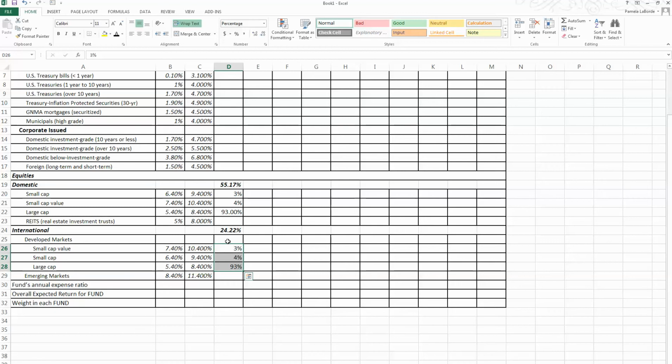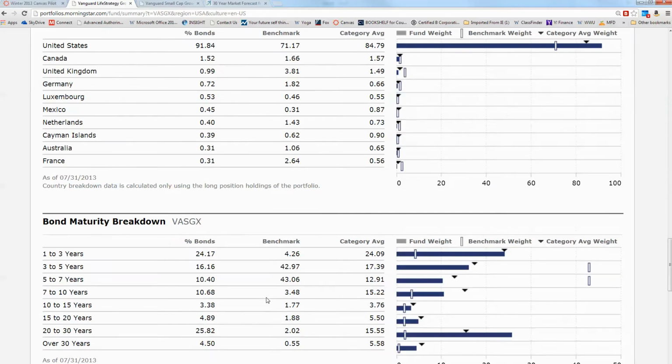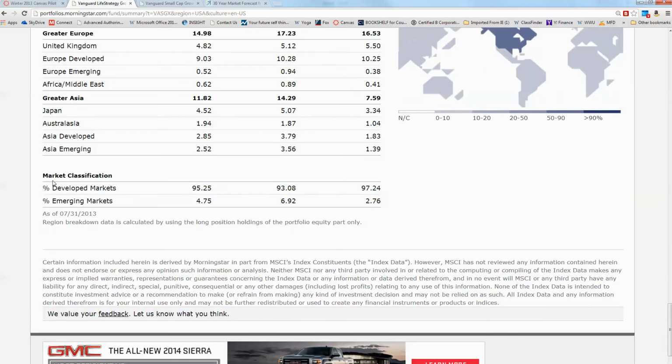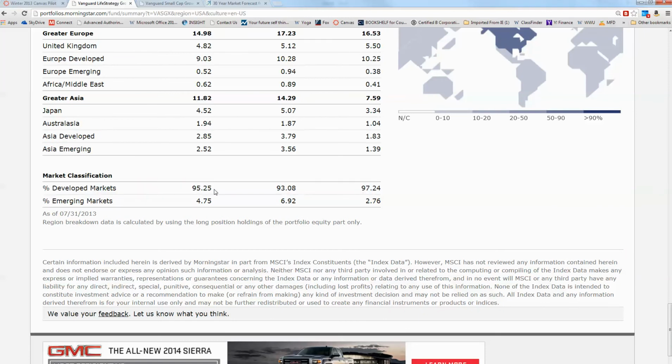But one thing they do report is what percent is developed markets versus what percent is emerging markets. And that I can find under the portfolio tab. You scroll all the way to the bottom and it gives you this market classification. And I can see that 95.25% are developed and 4.75% are emerging.